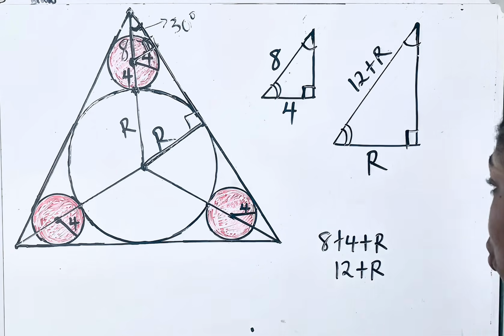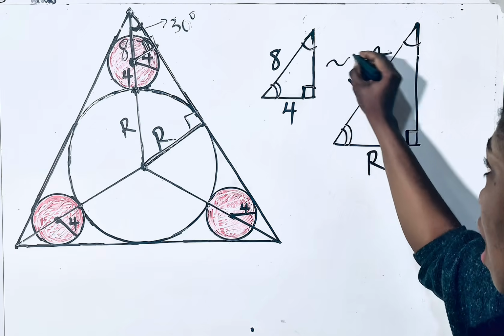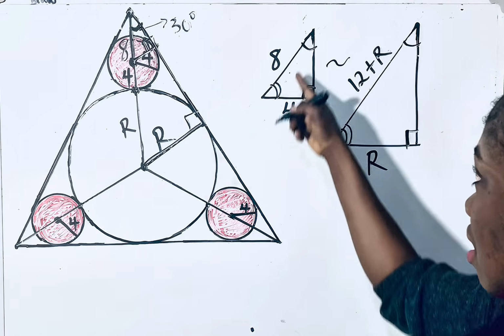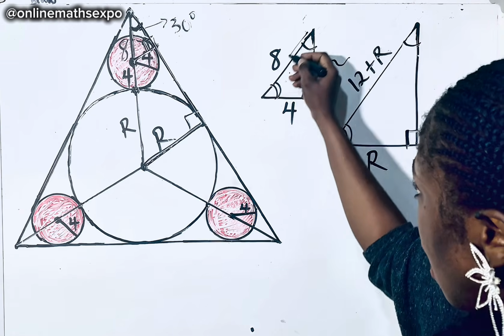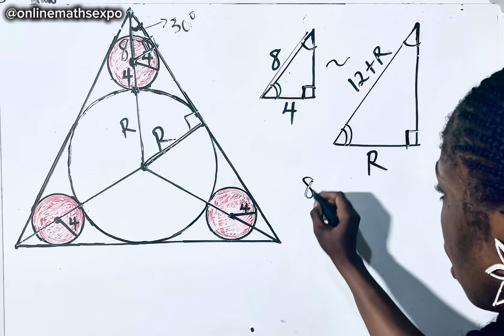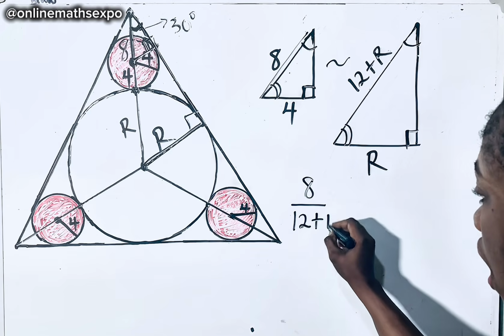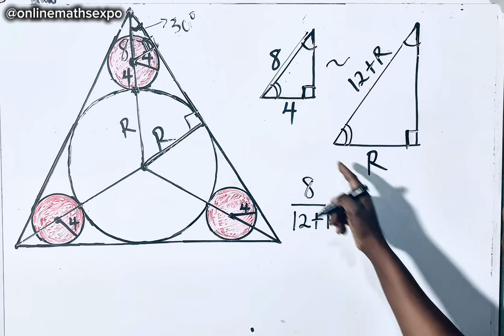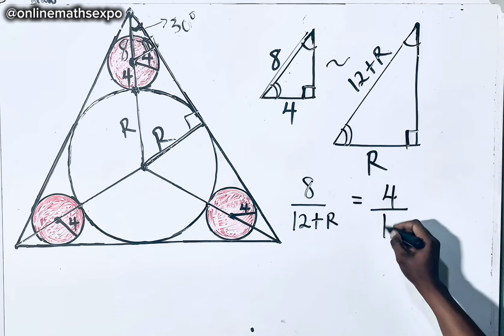We are going to apply the similarity property, meaning that these two are similar. So their sides are proportional. So I'm going to have this length, which is 8, divided by this length, which is 12 plus R. It should be equal to this length, which is 4, divided by this, which is R.